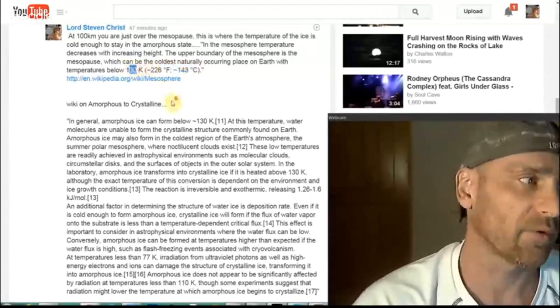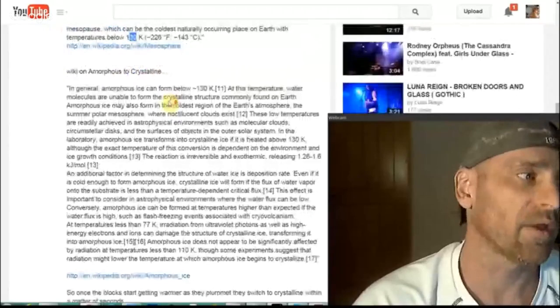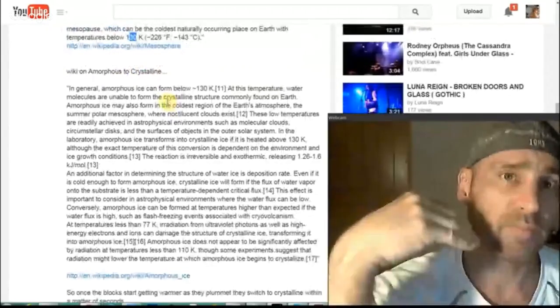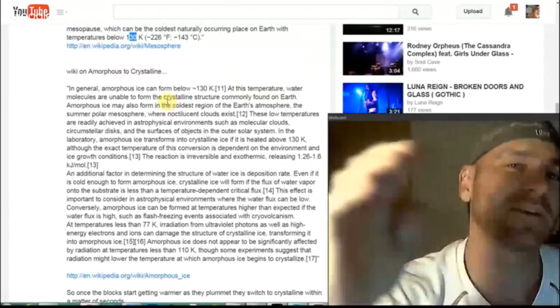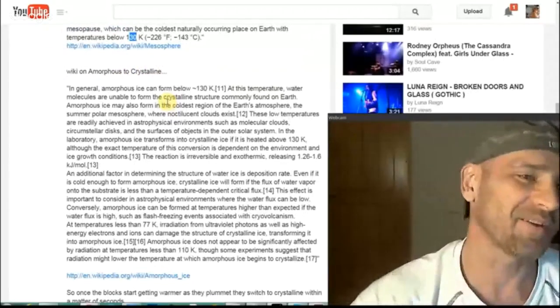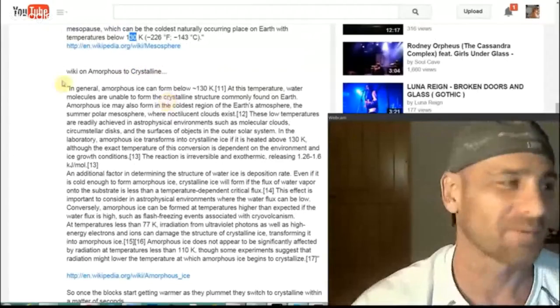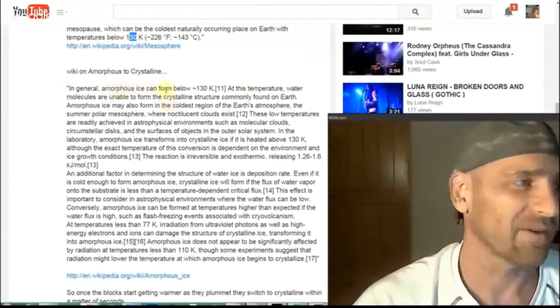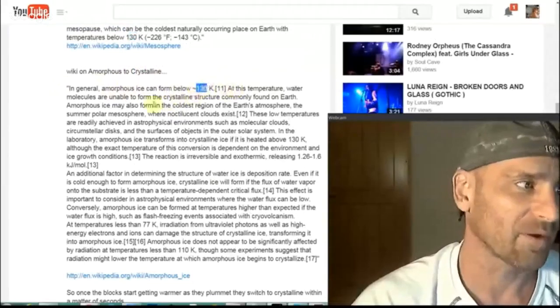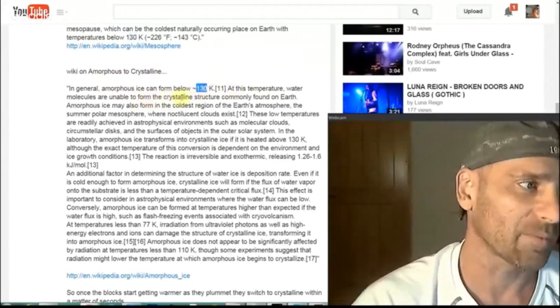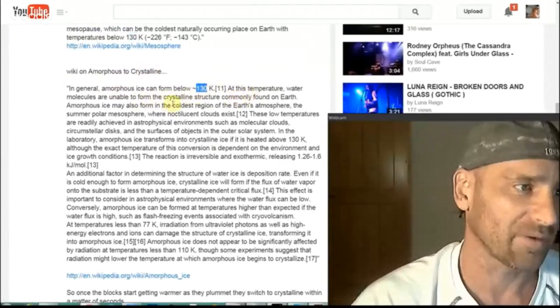So there's a transition. Ice can go from state to state, Indiana to Illinois. It can go from amorphous to crystalline, based upon the temperature. In general, amorphous ice can form below minus 130 K. At this temperature, water molecules are unable to form the crystalline structure commonly found on Earth.